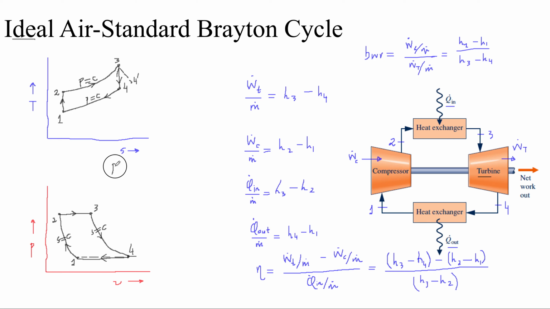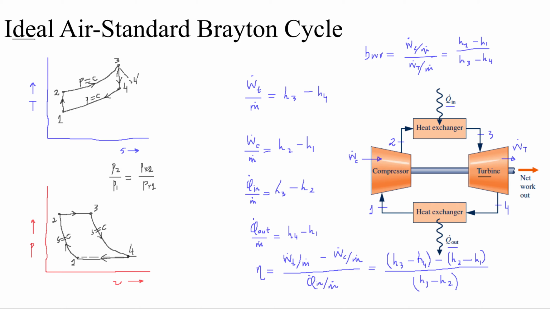So, for example, the pressure ratio P2 by P1 can be equated to the relative pressure ratio PR2 by PR1, and PR2 and PR1 are given to you in the air data table, where PR means relative pressure. It's not actually a pressure, it is a function of temperature. It is a function of the gas constant as well, and of entropy, but the entropy remains constant, and the gas constant remains constant as well.